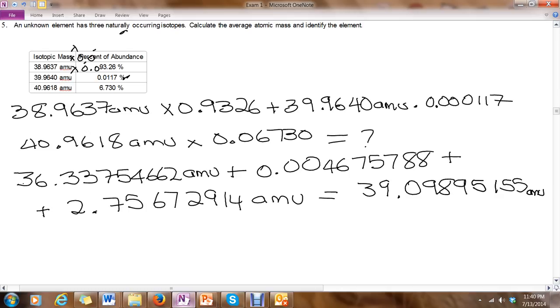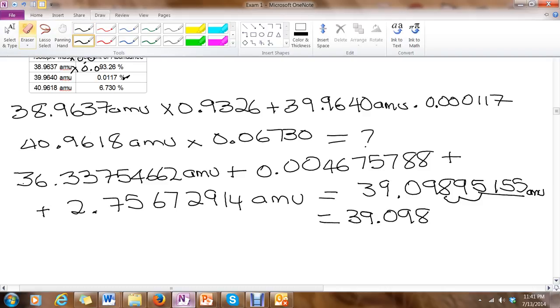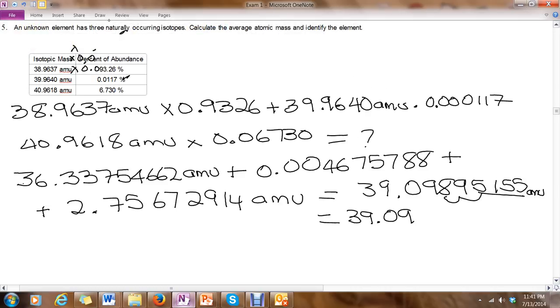Now, the number of sig figs: the percentage is an exact number, so we give it in 5 sig figs, rounding to 39.099 AMU. Let's take a look at our periodic table.